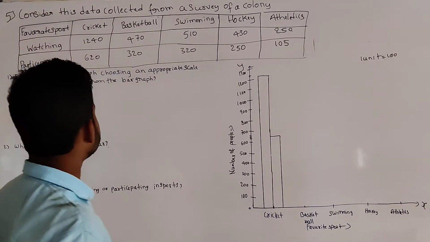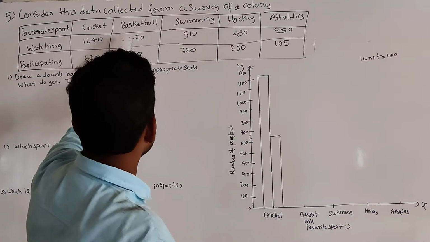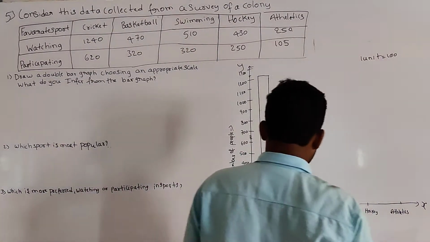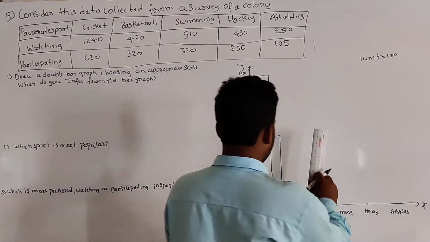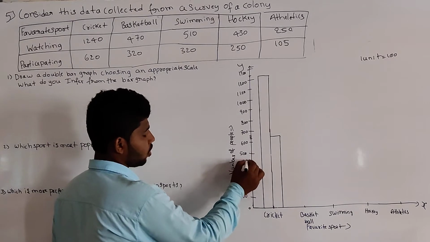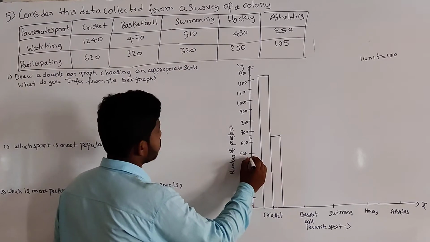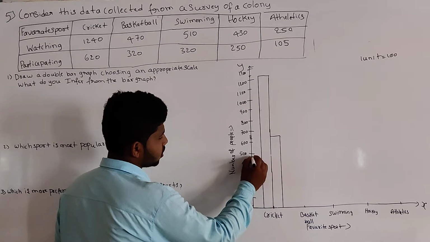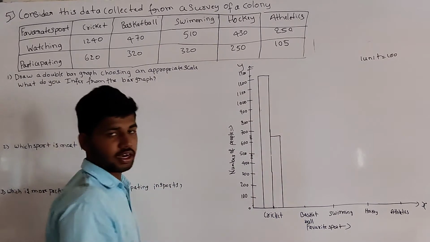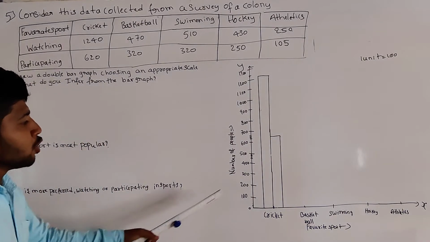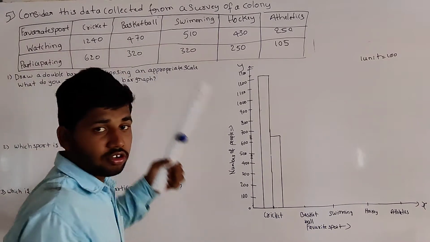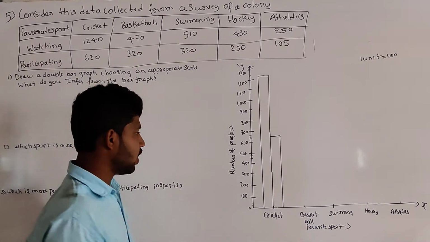Coming to the second one, the number of people watching basketball is 470. You will get 470 in between 400 and 500, after 450 and 460.